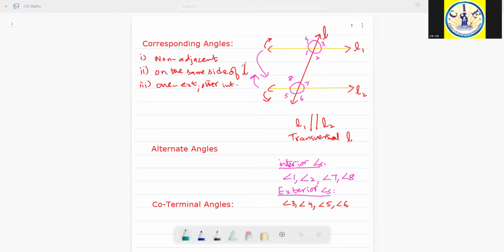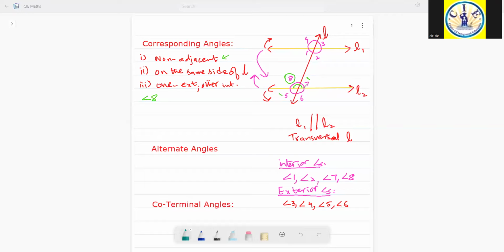So let's take, for example, angle 8 and let us find out the angle corresponding to angle 8. When you talk about non-adjacent, angle 7 and angle 5 are attached to angle 8.